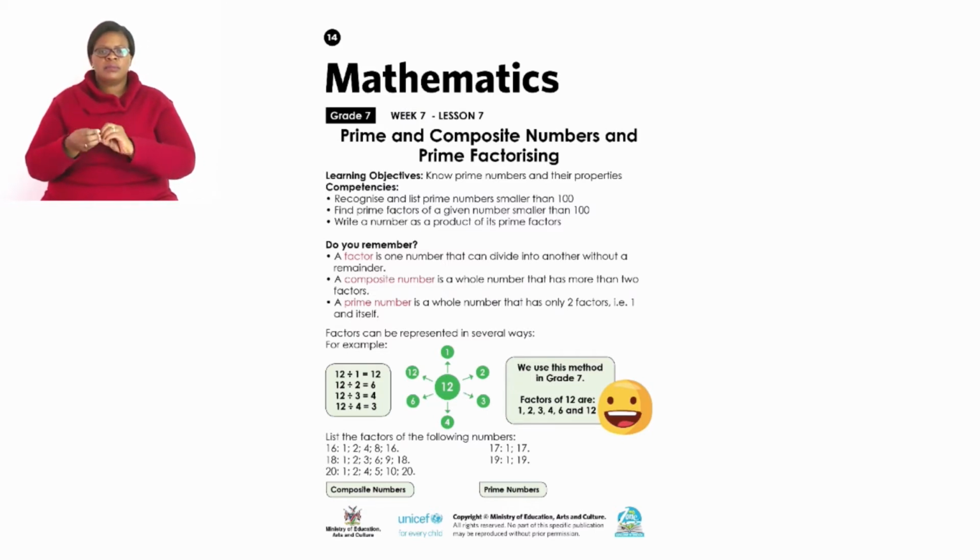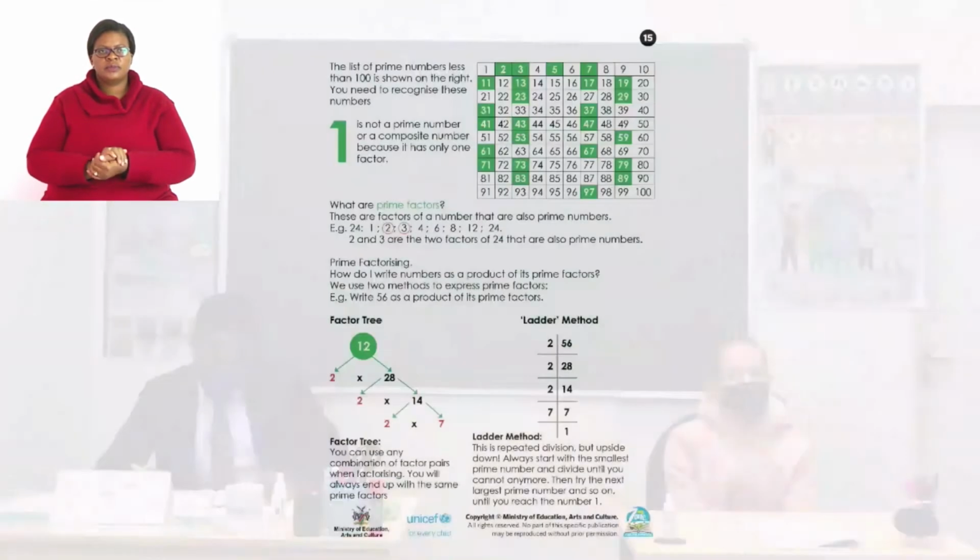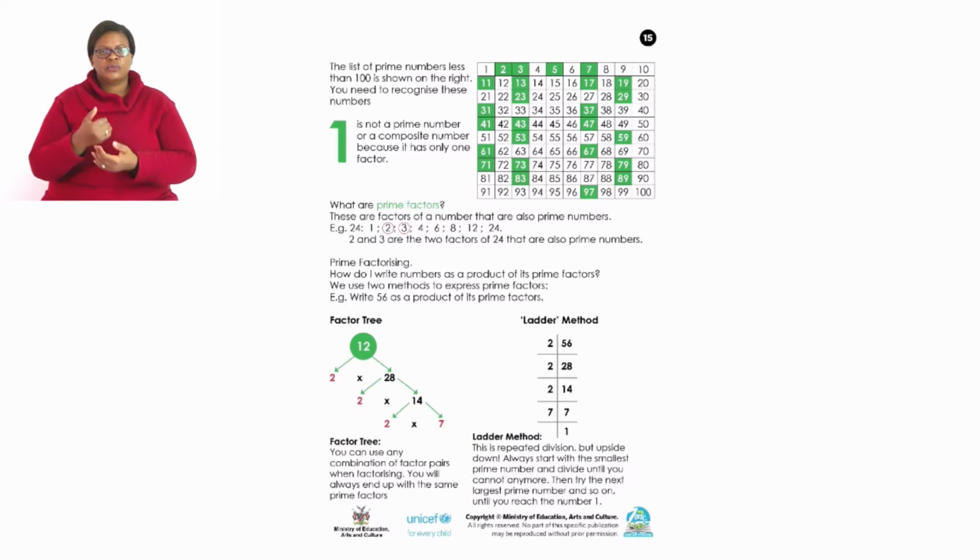Now we move to page 15. On page 15, reading, the list of prime numbers less than 100 is shown on the right, which is on the table. If you look in the table, you can see the numbers.